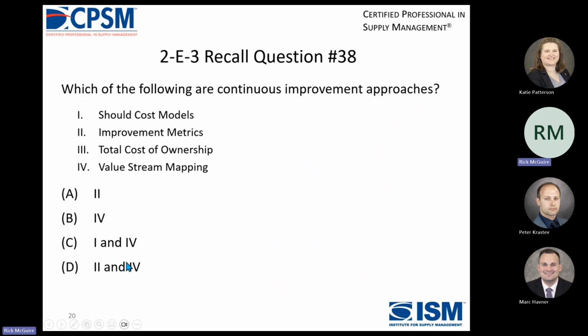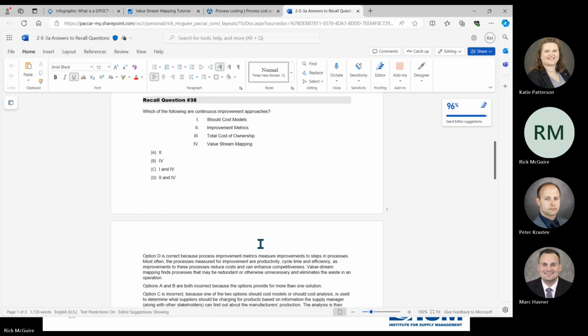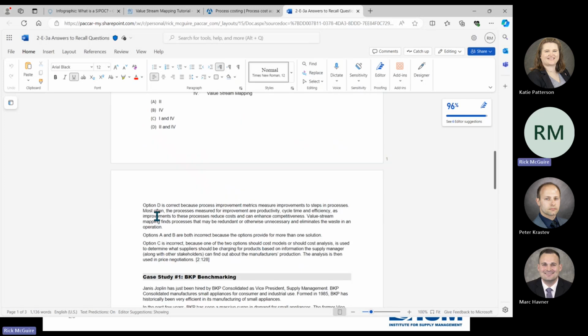Then I can only throw out one that way, and then I have to look at improvement metric. Yeah, D, probably, because total cost of ownership really isn't a continuous improvement thing. D it is.